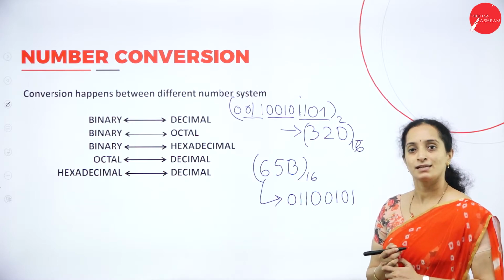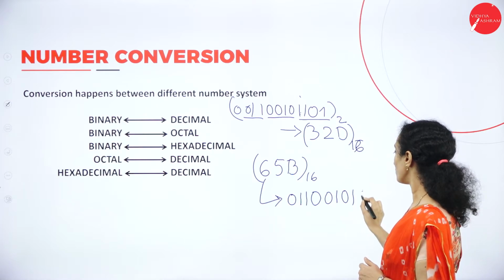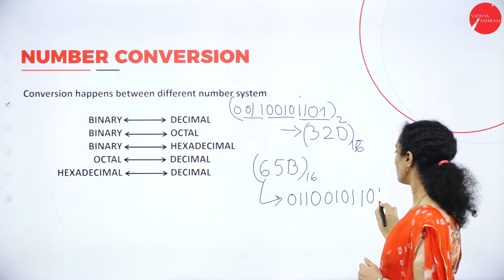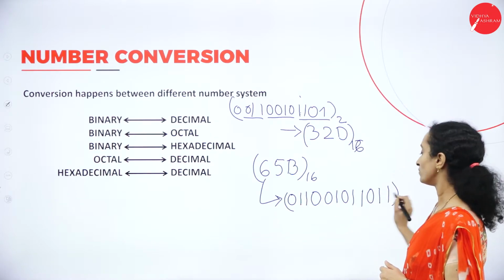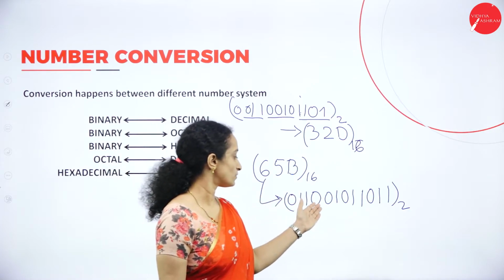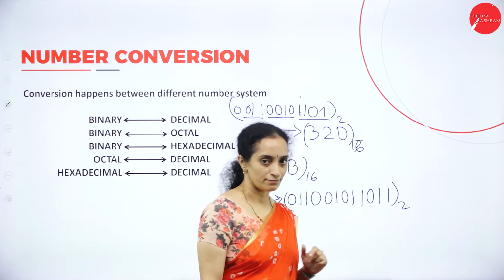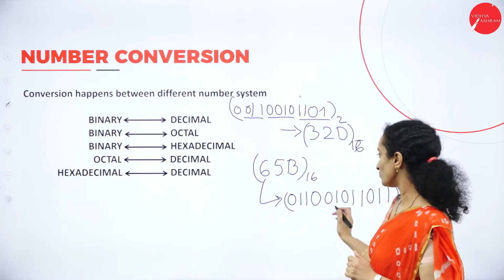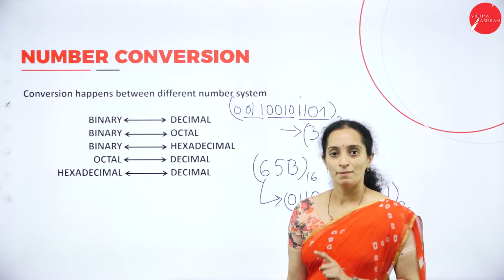B represents 11. 11 can be represented as 1011. Okay. With the base 2. Is it not? 0011 0010 1101. Okay. With the base 2 will be used to represent the hexadecimal number in binary.